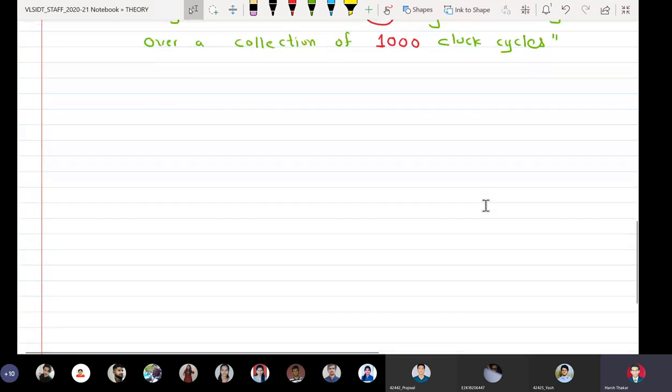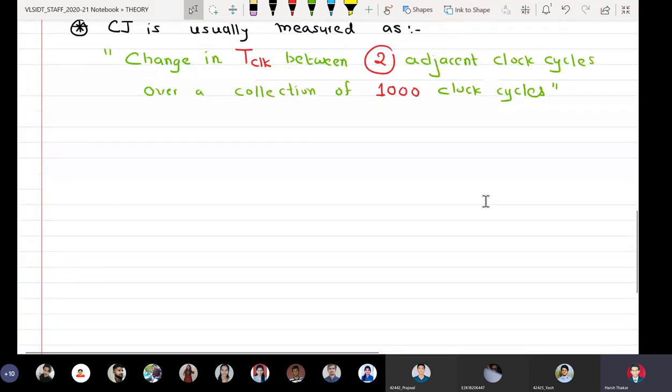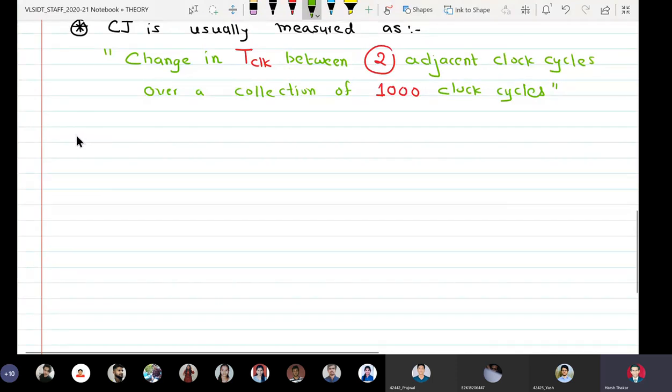Okay, now we define what are the different types of jitters available. Now the discussion is going to become more mathematical. Types of clock jitter.